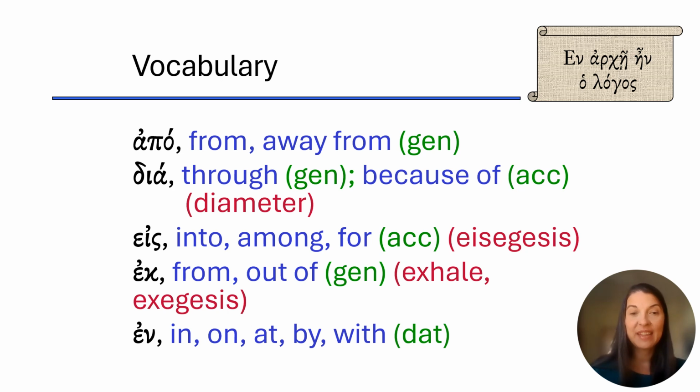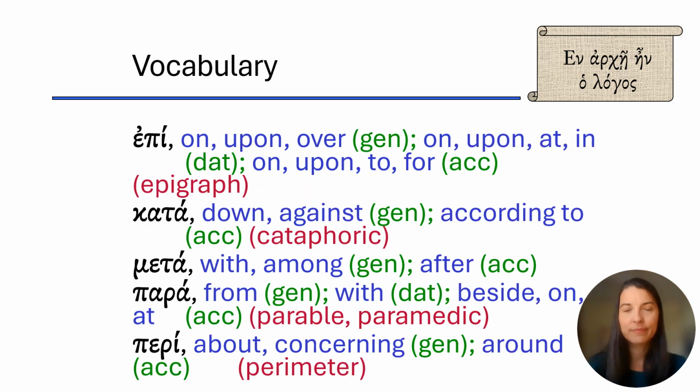So when you see into, it's typically going to be followed by a word in the accusative. Eisegesis is different than exegesis, and ek means from, out of in the genitive. En means in, on, at, by, with in the dative. It really depends on your translation what you might use to convey the sense, and you'll learn more about how to do that with syntax in the future as well.